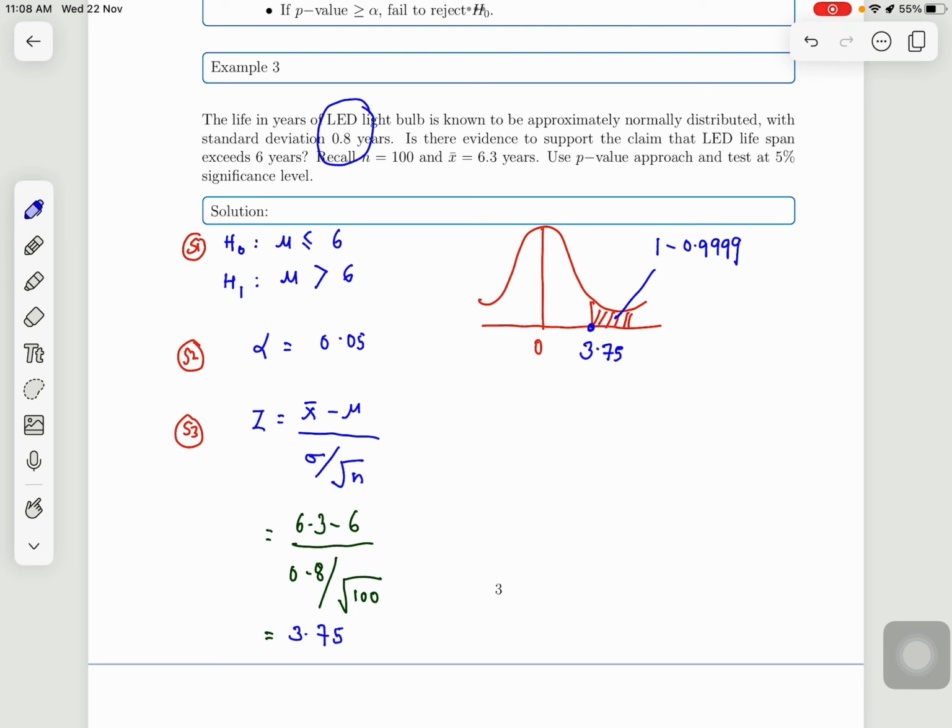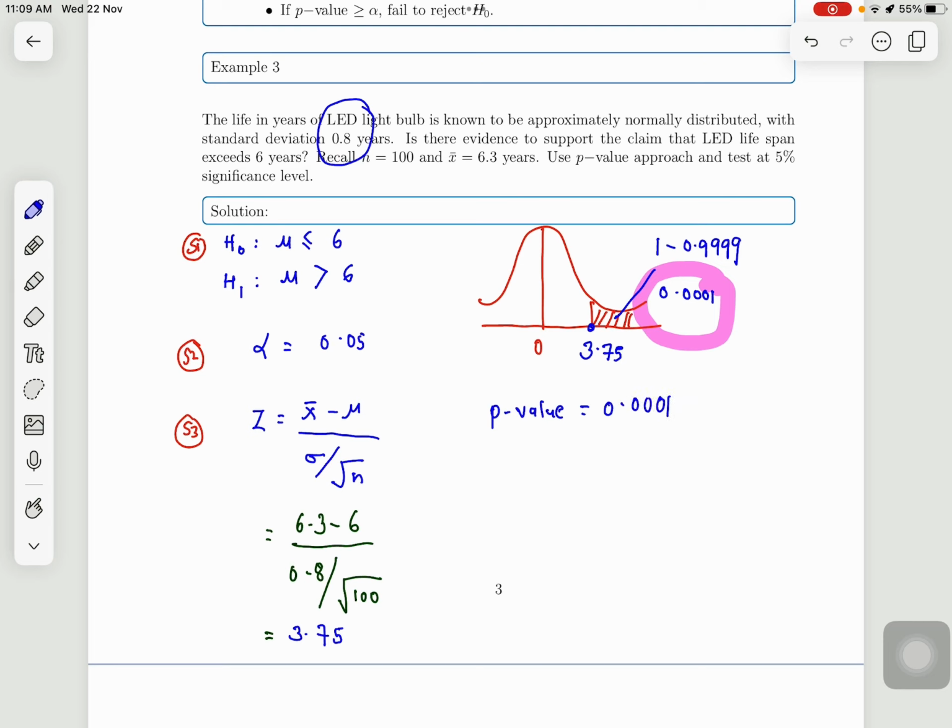So this area consists of 0.0001. So apa yang kita katakan tentang what is the p-value, this is your p-value, 0.0001. So kita state kat sini, our p-value equal to 0.0001.